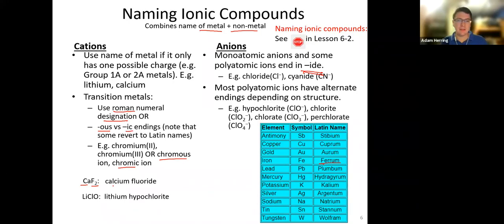This is lithium hypochlorite. Lithium, the group 1A metal, and then hypochlorite, which is one of the polyatomic anions. And then this last one could be either iron 2 chloride, using the Roman numeral designation, or ferrous chloride, using the Latin name with its ending.